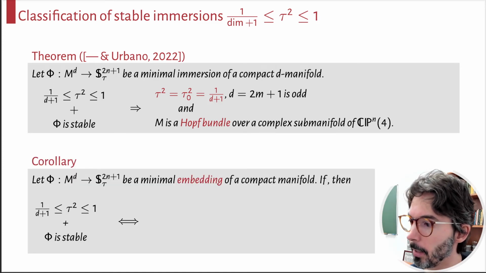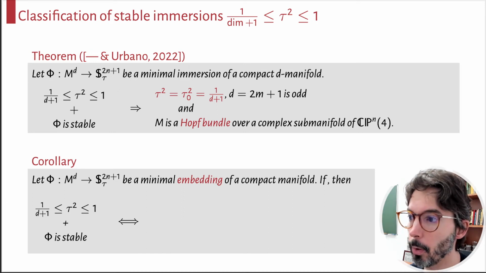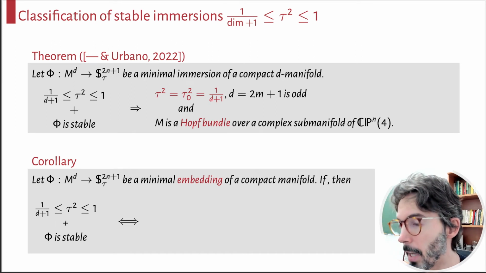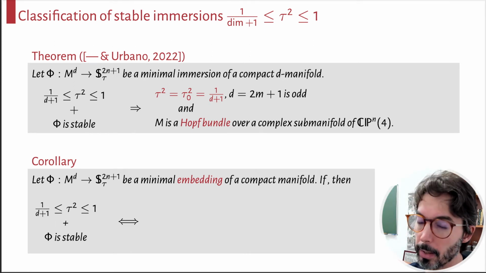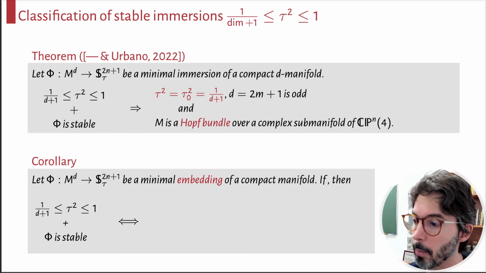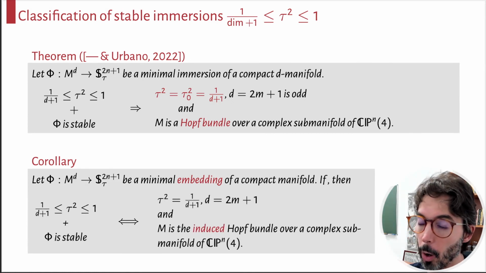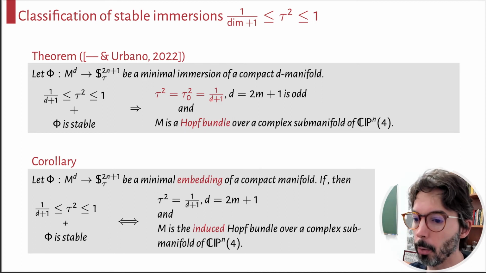As a corollary, if we consider a minimal embedding, now assuming further that our phi is an embedding of a compact manifold, and again tau squared is between the special value and 1, and our immersion is stable, then this happens only if tau squared is the special value 1 over dimension plus 1, the dimension is odd, and M is actually the induced Hopf bundle over a complex submanifold.